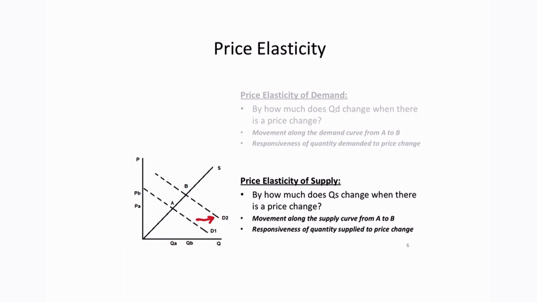The response in the market for goods and services is an increase in the price and an increase in quantity as we move from equilibrium A to equilibrium B. Along the supply curve, we see a movement along the supply in response to this price change. So the price elasticity of supply is going to calculate by how much does quantity supplied change when we have a corresponding change in the price and a movement along the supply curve.